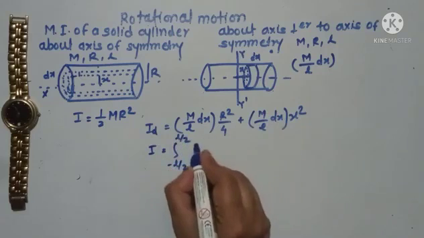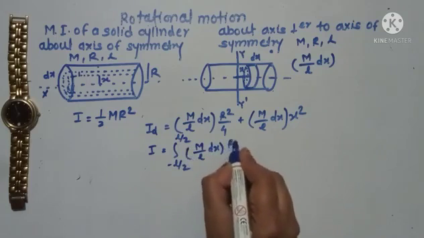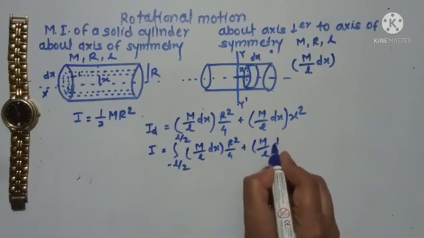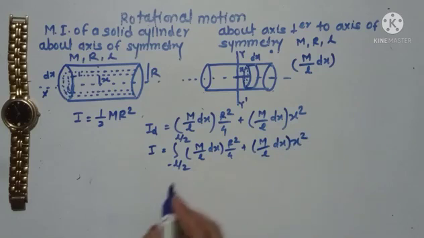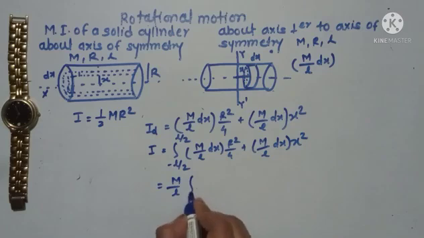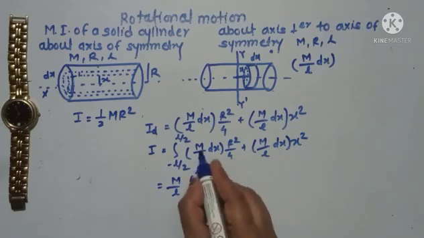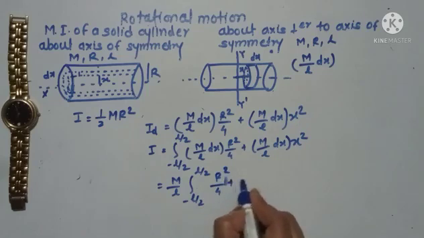So this whole term m upon l dx r square upon 4 plus m upon l dx into x square. So let me take common m upon l. So from minus l by 2 to plus l by 2, the remaining terms are r square upon 4 plus x square.